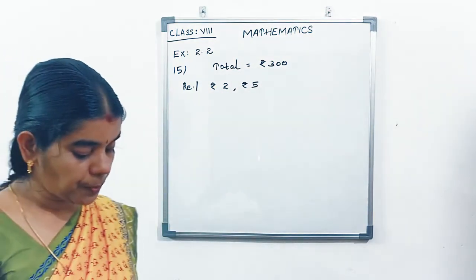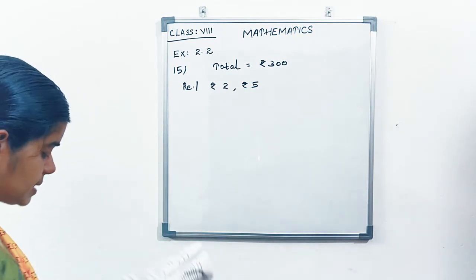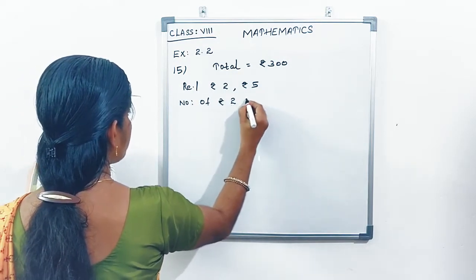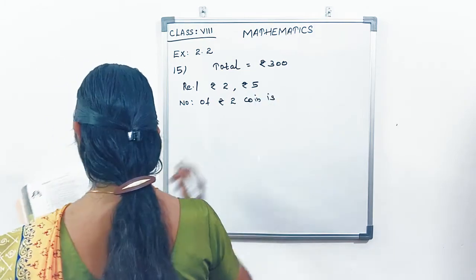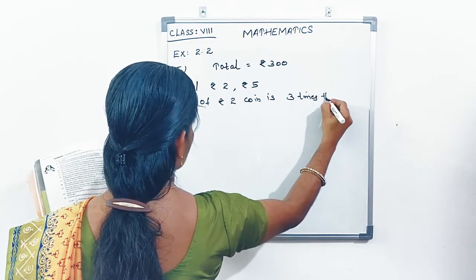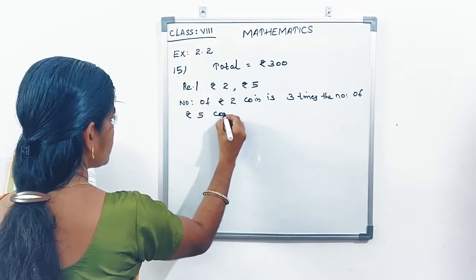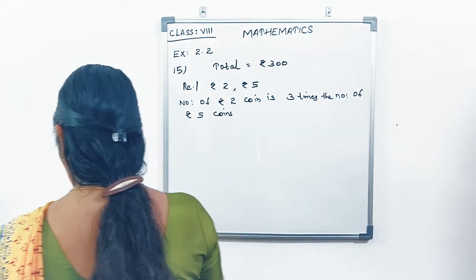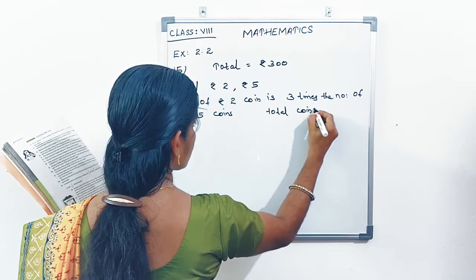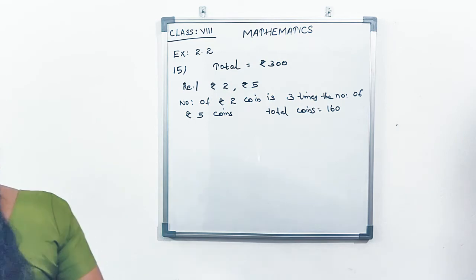The number of 2 rupee coins is 3 times the number of 5 rupee coins. The total number of coins is 160. How many coins of each denomination are with me?